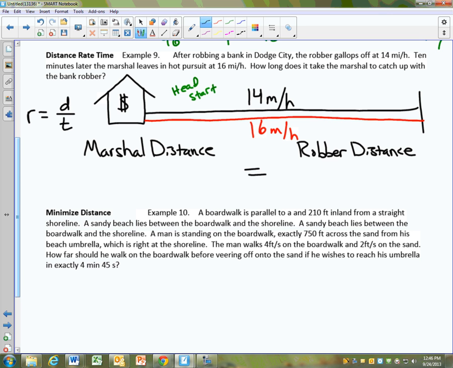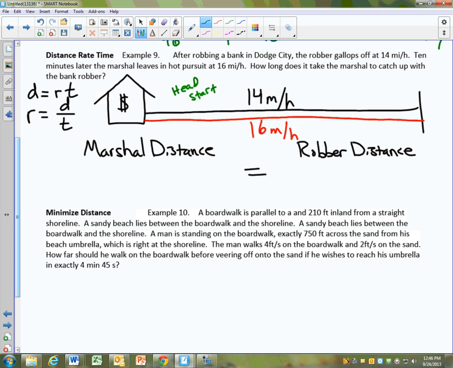So if I come up with an expression for the marshal distance and an expression for the robber distance, I should be able to set them equal to each other. Well, I know that distance is equal to my rate times my time. By simply multiplying both sides of the equation by t, I get distance is rate times time.